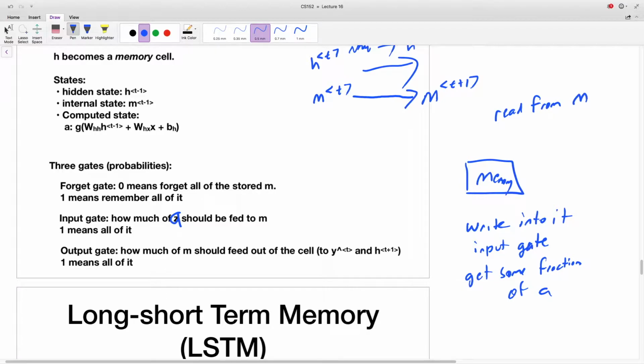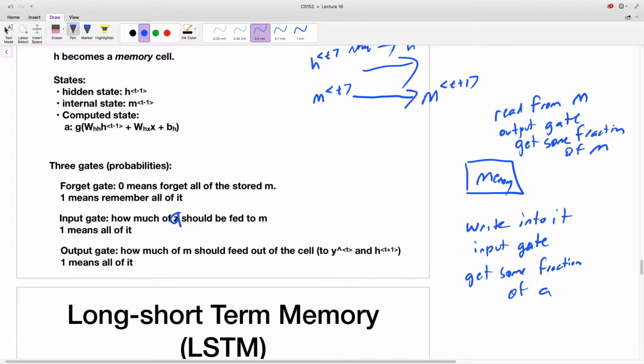What controls that? Our output gate, right. And we get some fraction of M. The original LSTM, this is all they had, an input and output.